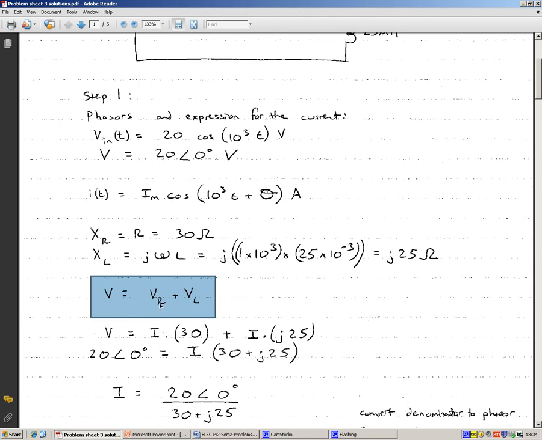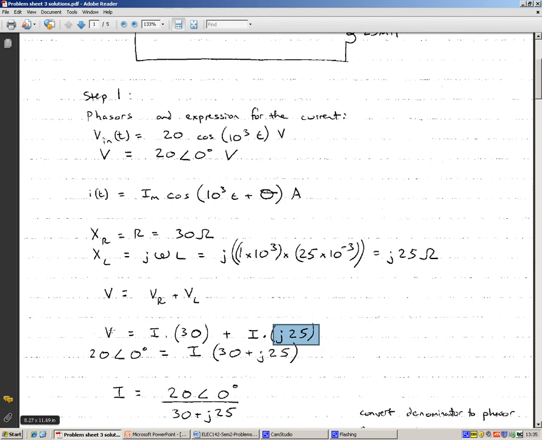We've substituted our resistor value here, multiplied by the current in phasor form, a capital I. And then we've got the same current flowing through our inductor, and we've substituted the complex impedance of our inductor into here. So it's just V equals IR, quite simply, but in a complex form.